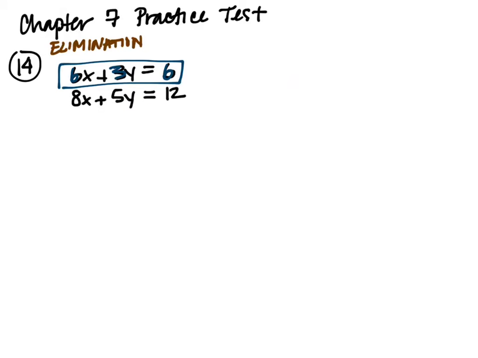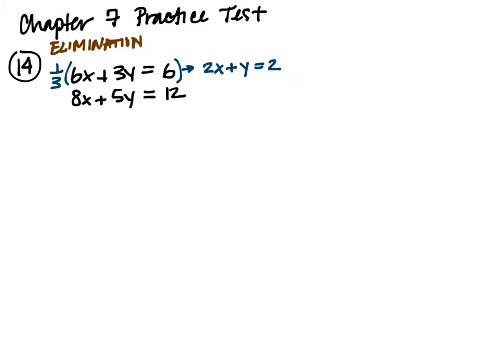It's possible that you could notice this and divide this entire equation by 3, which is the same thing as multiplying by 1/3. In doing this, I can recognize then that this gives me 2x plus y is equal to 2. And I have a much smaller equation to work with.